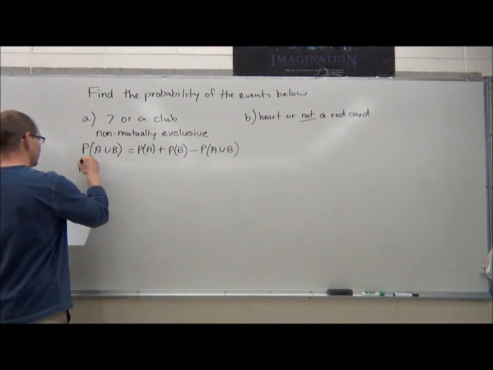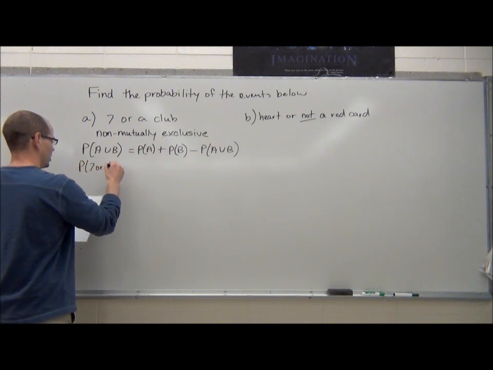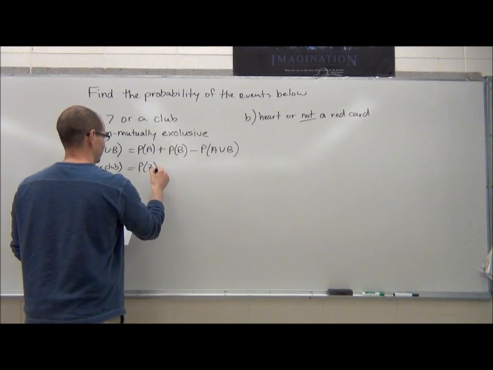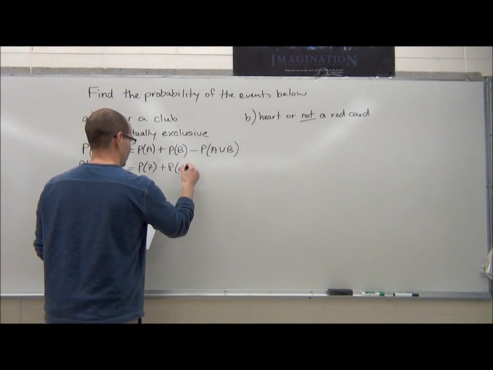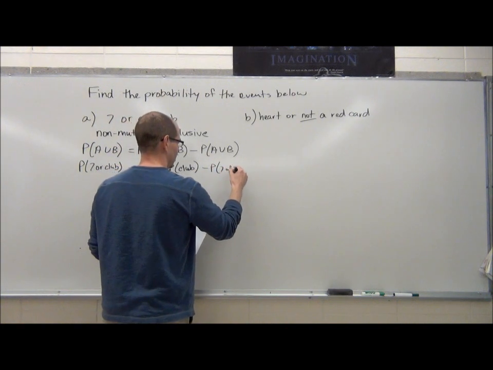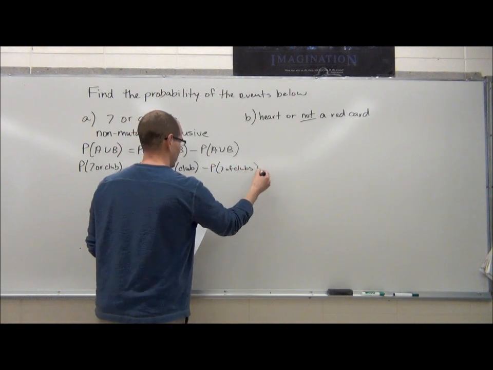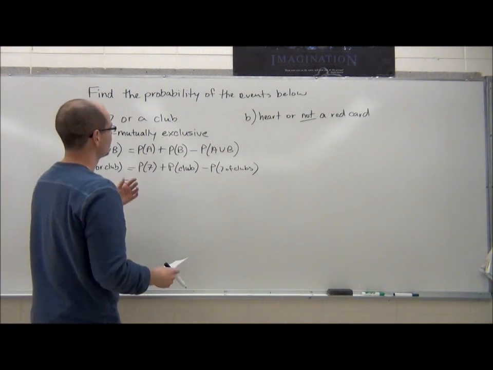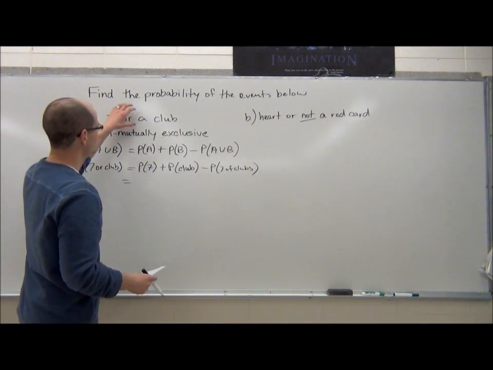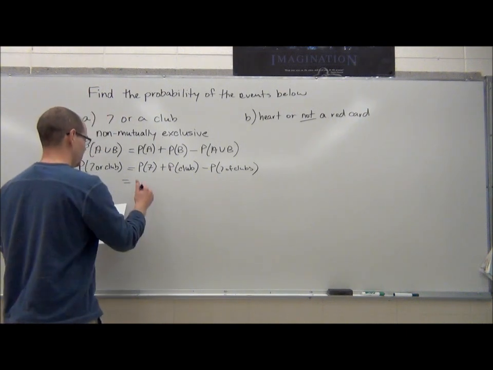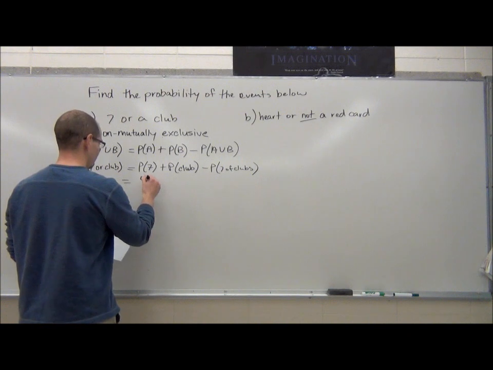So here we want the probability of a 7 or a club. That's going to be the probability of a 7 plus the probability of a club, minus the probability of the 7 of clubs. First, the probability of getting a 7. If it's a standard 52 card deck, it's going to be 4 out of 52.